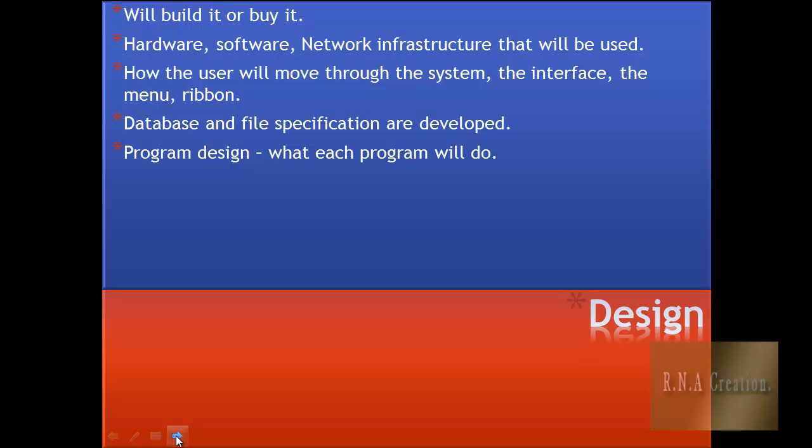How the user will move through the system, the interface, and the menu. Now that's something a little bit older. If you want to design a system for a desktop, then you will have to look at how the user will move through the interface, the menu, and the ribbon. However, in a web page, you can have only the menu that's already available on the top, or you can have hyperlinks, but ultimately how you want to design the interface has to be put on paper or on some of the software available to design wireframe diagrams and other things.